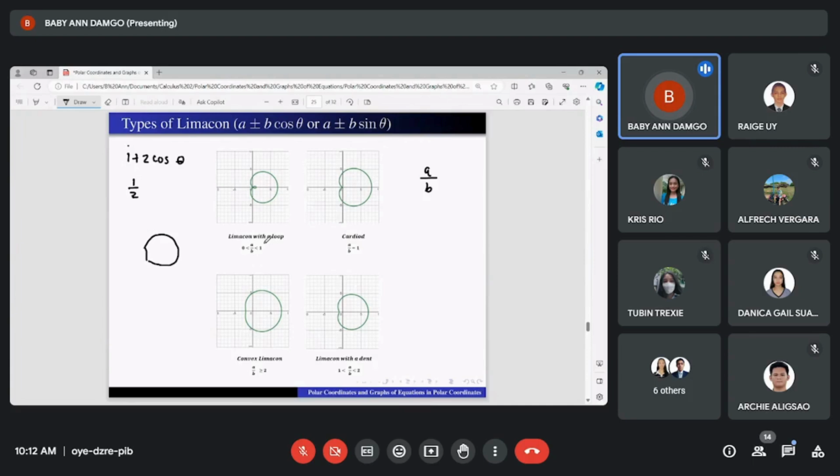Okay, volunteer. If we have R is equal to 2 plus sine theta.